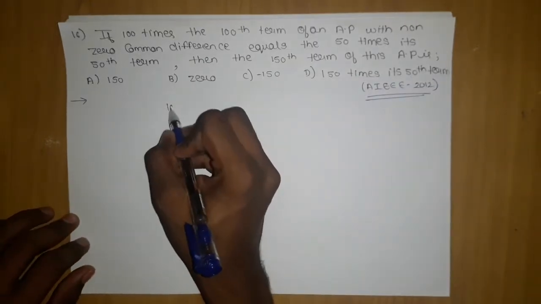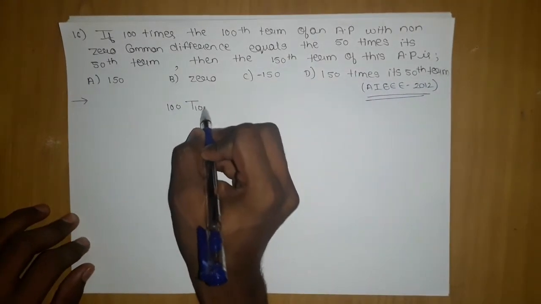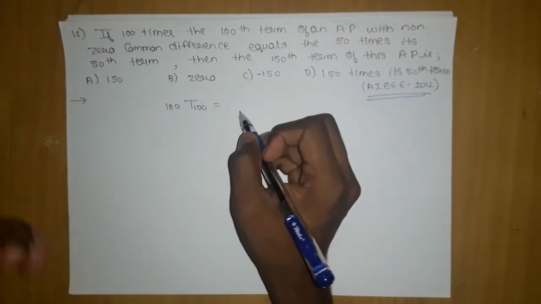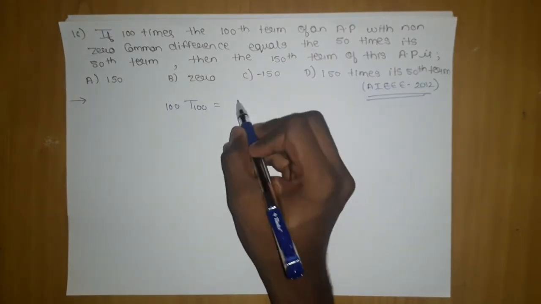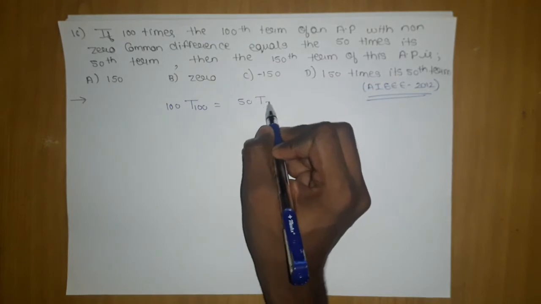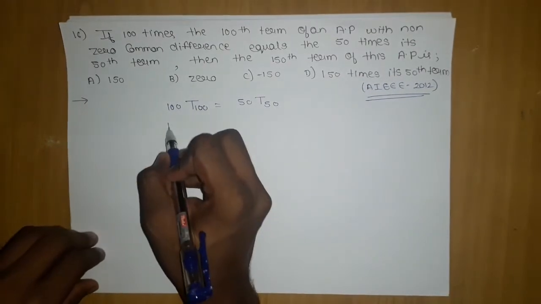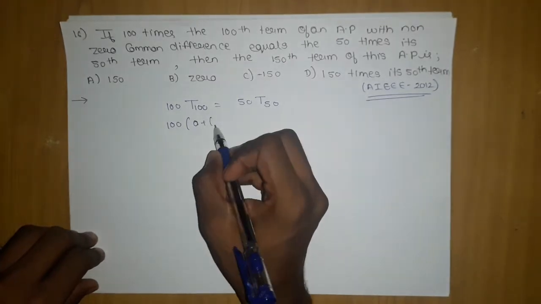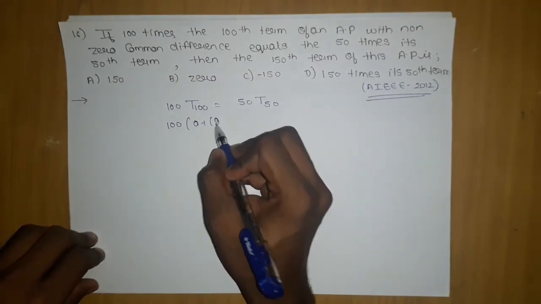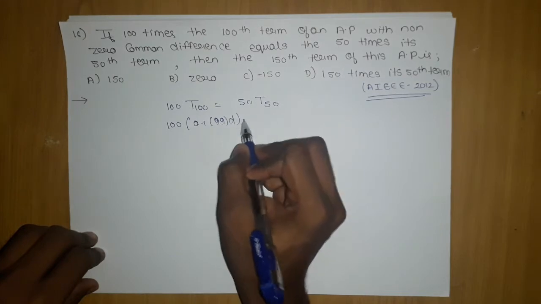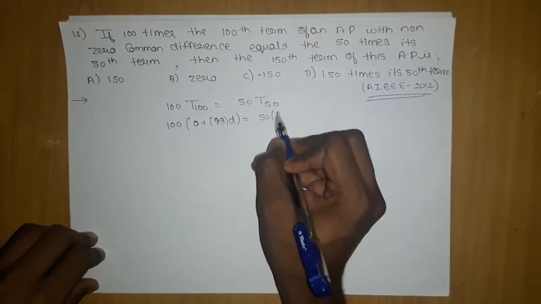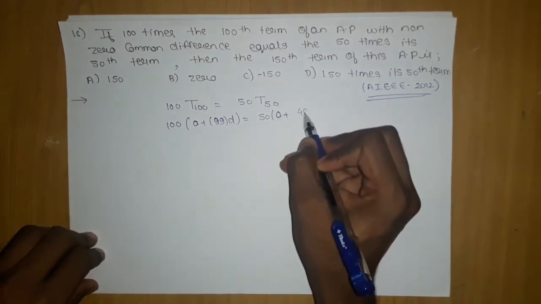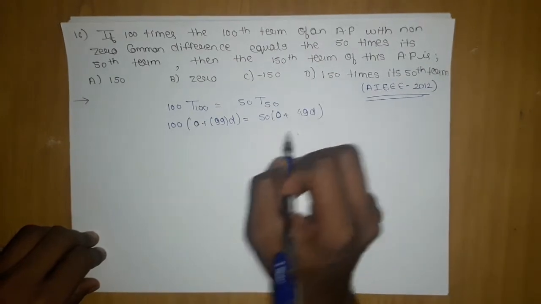So 100 times T100 is equal to 50 times the 50th term. So 100 into A plus 99D should be equal to 50 into A plus 49D.